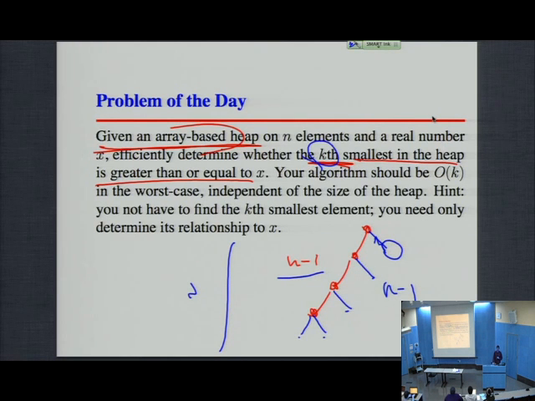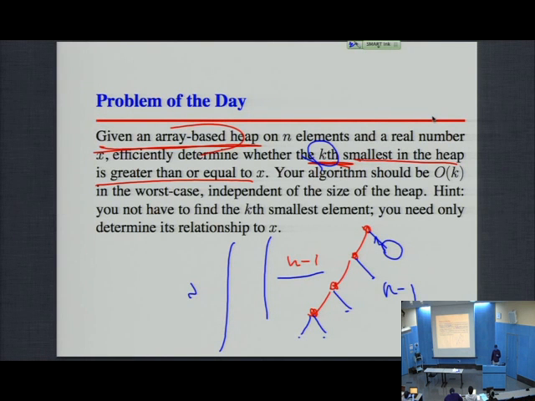If k is less than n, I am going to stop after looking at 2 times k nodes, even if the tree had a million times k nodes in it. I am only going to look at order k nodes in the tree, regardless of how big the tree is, because I'm going to stop myself once I have found too many that are smaller.